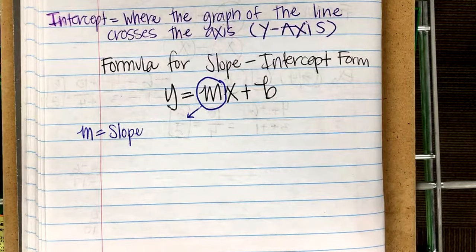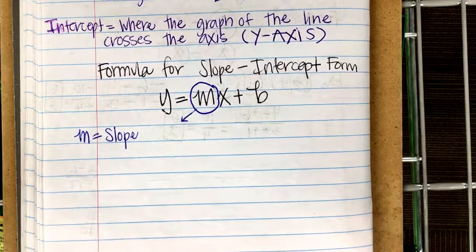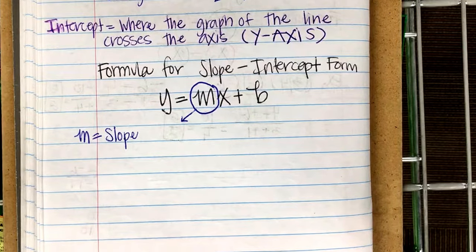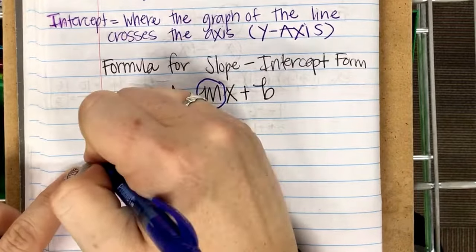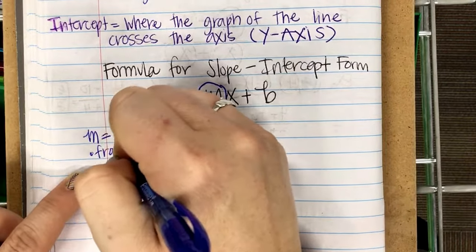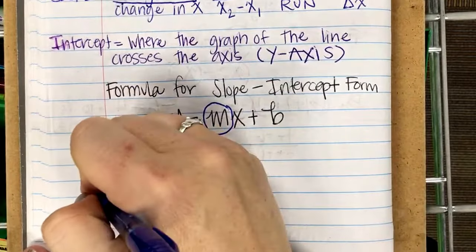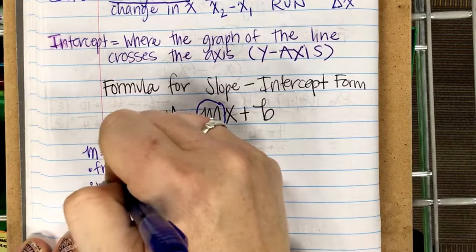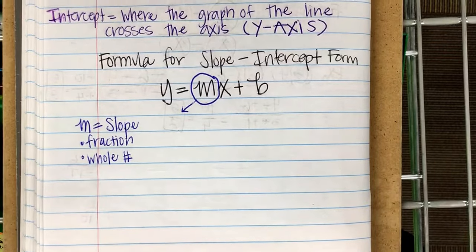What do you know about slope? In all of the practice we've done with slope, your slope answer can be in what form? Fraction. It can be a regular old fraction, 1/2. What else can it be? It can be a whole number. What else can slope be? 0. Slope could be 0.